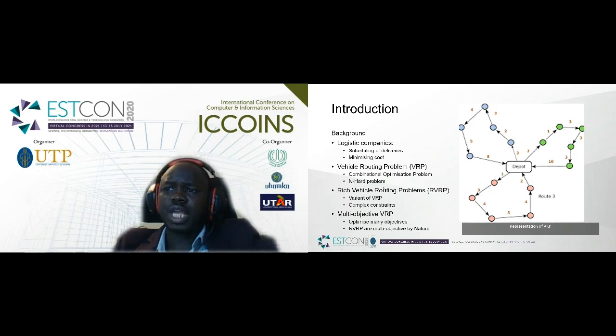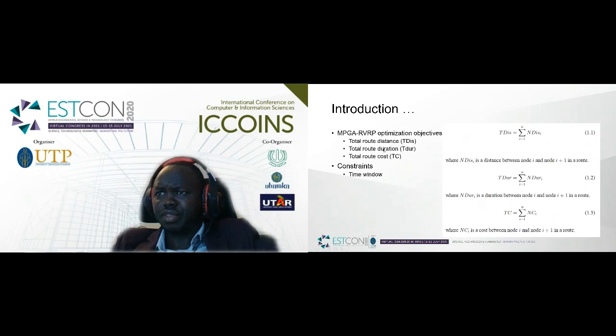With this, we call it a rich vehicle routing problem because we are trying to optimize multiple objectives, multiple problems. This makes it a multi-objective VRP. We could optimize distance or duration or route cost.